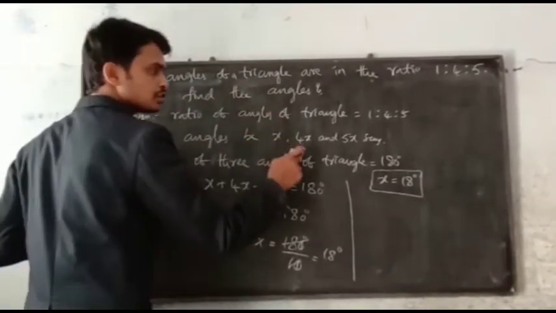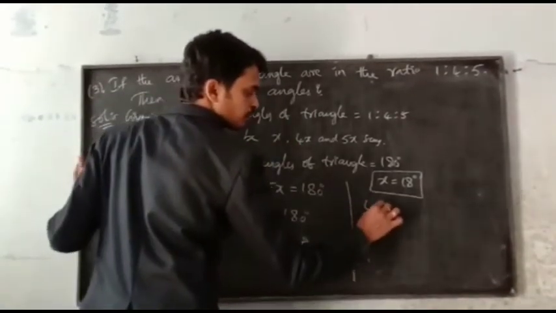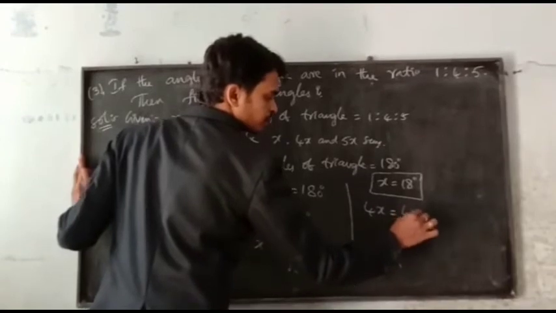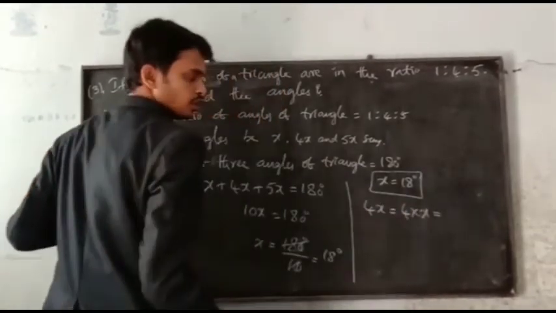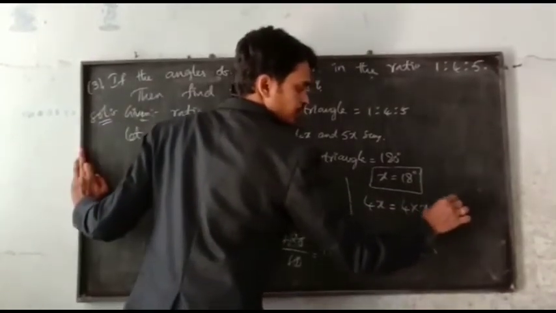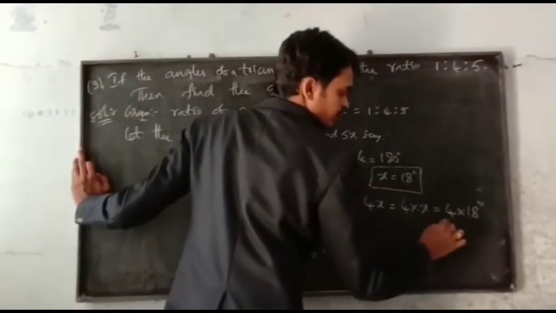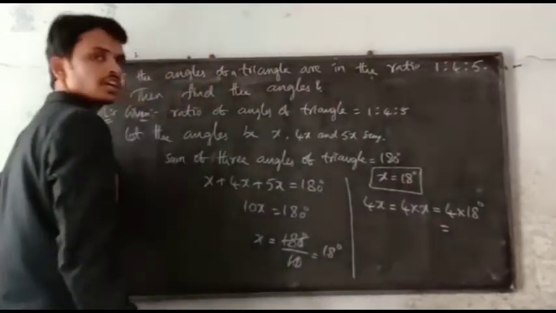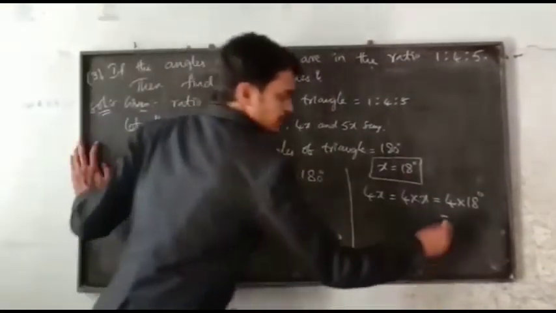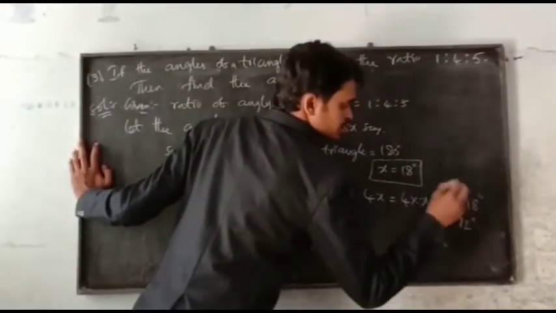Now what is the next angle? 4x. So 4 into the x value, which is 18. In the place of x we should write 18. So 4 eighteens are 72 degrees.